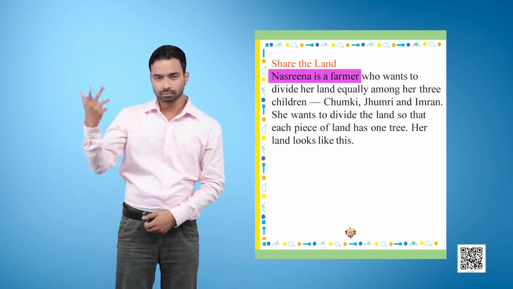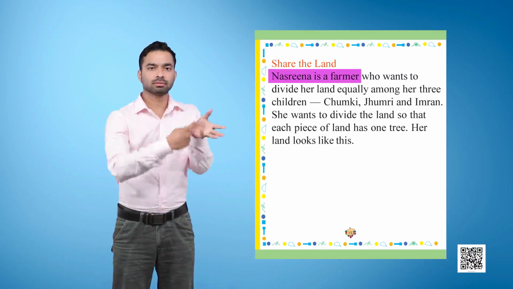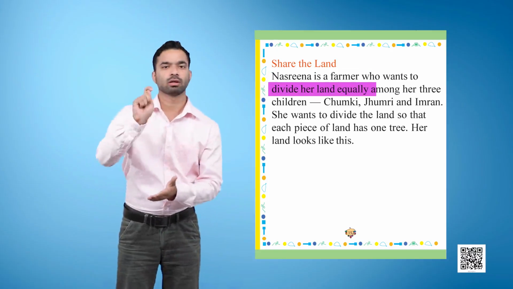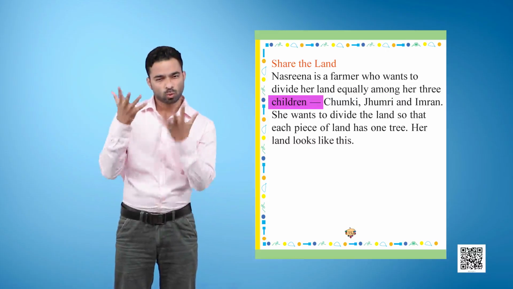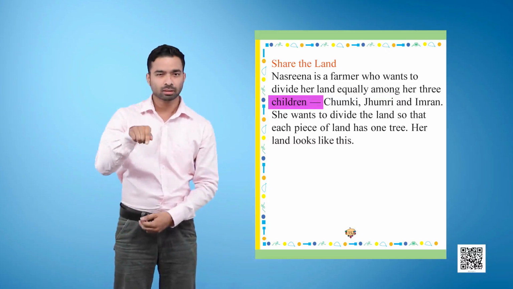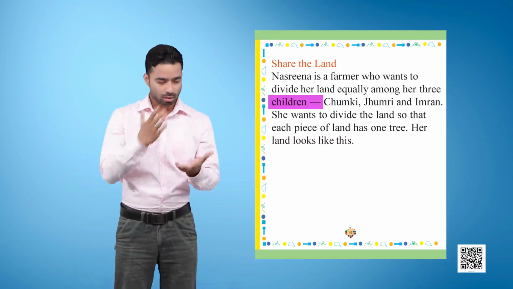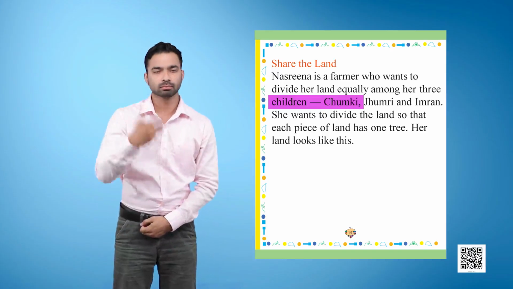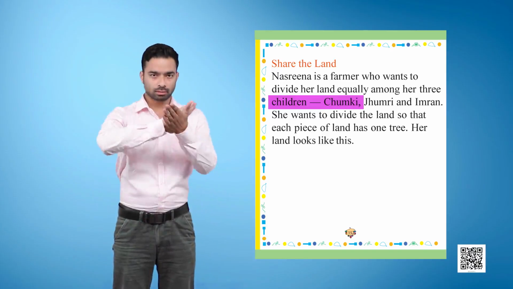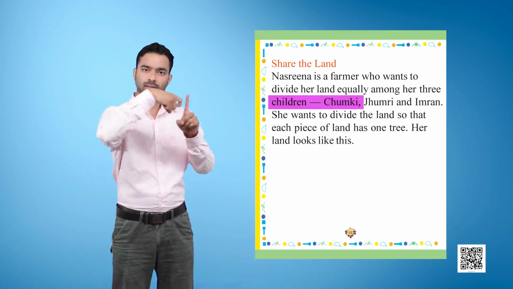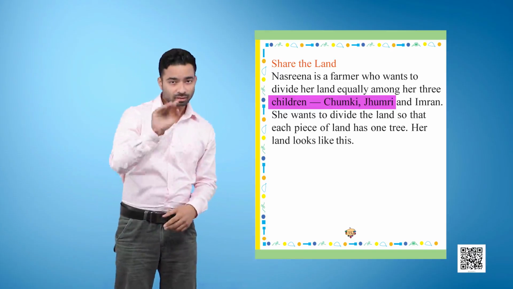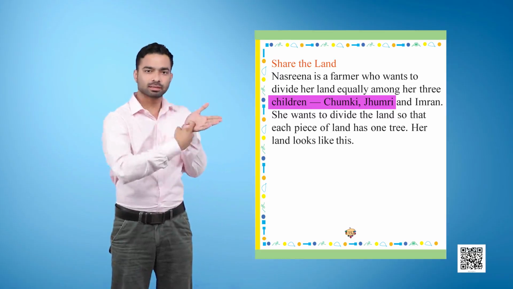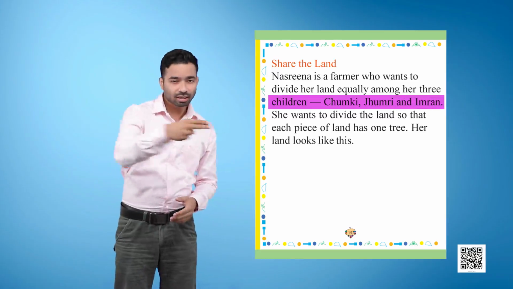Nasrina is a farmer who wants to divide her land equally among her 3 children: Chumki, Jhumri, and Imran.